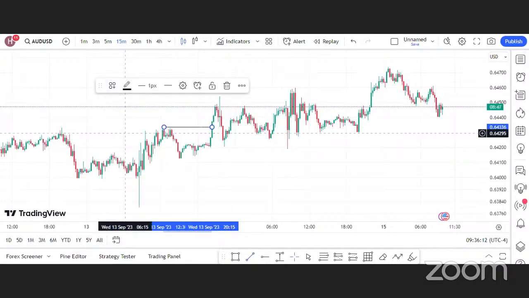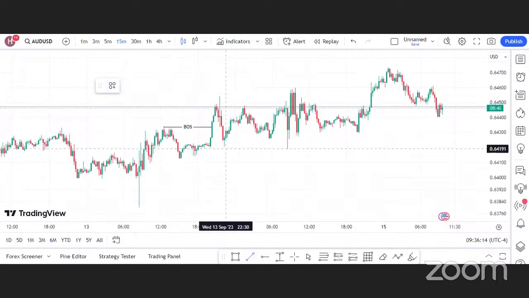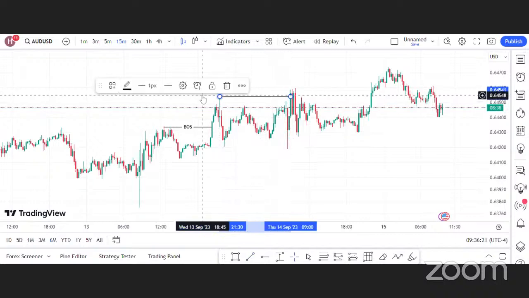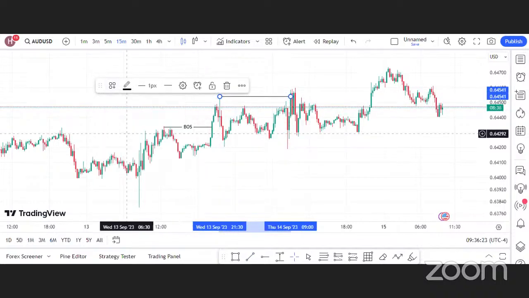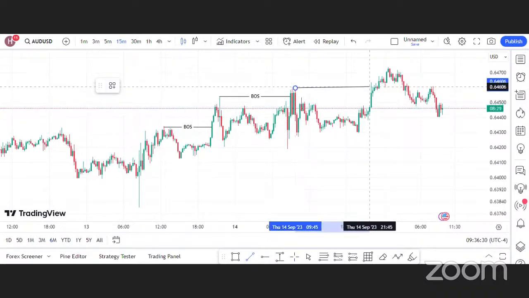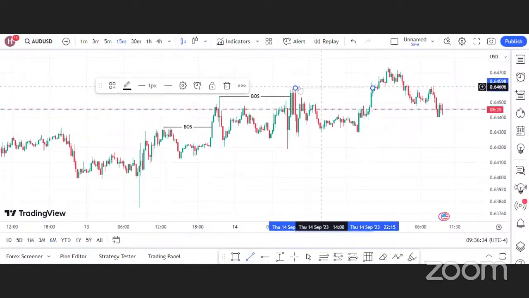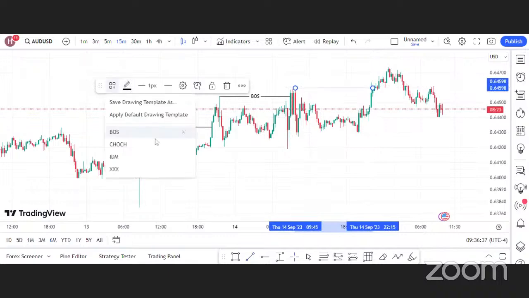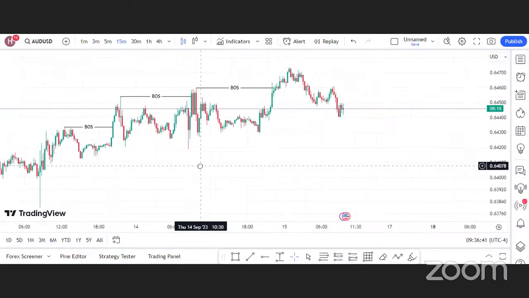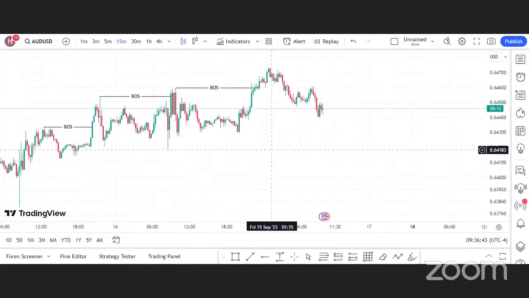So we had this break of structure here, and then we had the last break of structure to the top side. From there, the market has been making a move to the downside.